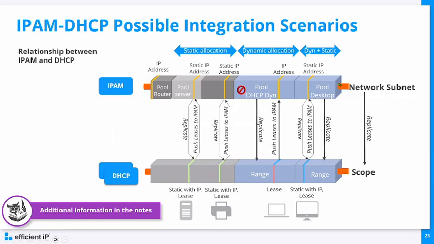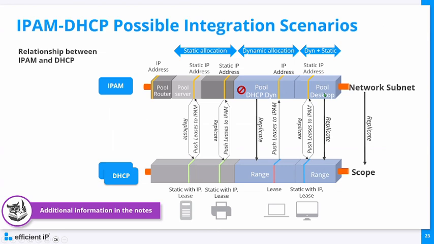Now, in the subnet in IPAM, you create a pool, a desktop pool, and this is not a read-only pool. So when you create a pool in IPAM, you can replicate it to DHCP as a range. Are you clear with that?